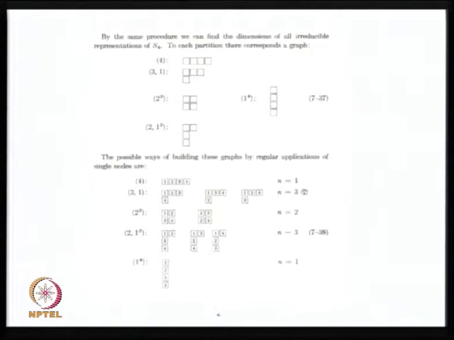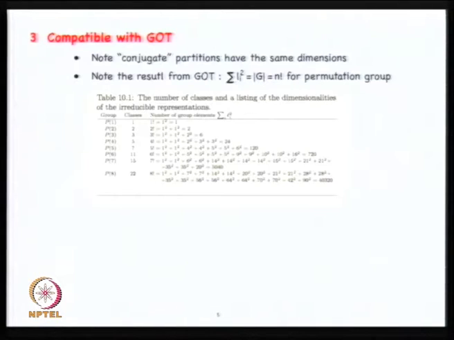So 9 and 9, 18, and 4, 22, and 1 and 1, 24. So we have for the S4 group all of the irreducible representations and their sizes listed by this Young tableau method.